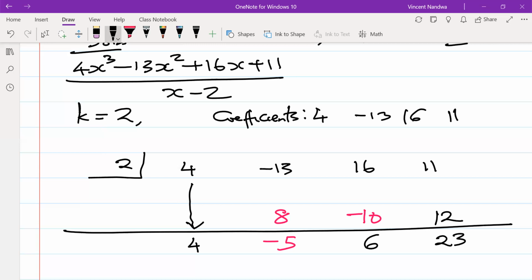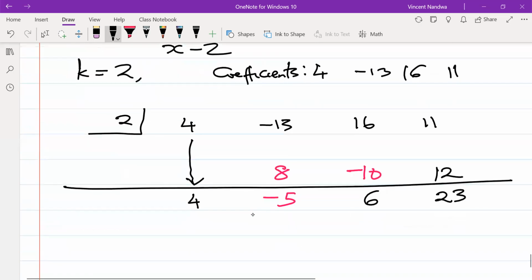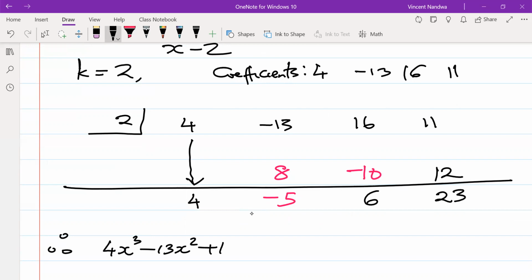23. Okay. Which means 4x cubed minus 13x squared plus 16x plus 11, if I divide by x minus 2, what is the quotient? First term of the quotient?